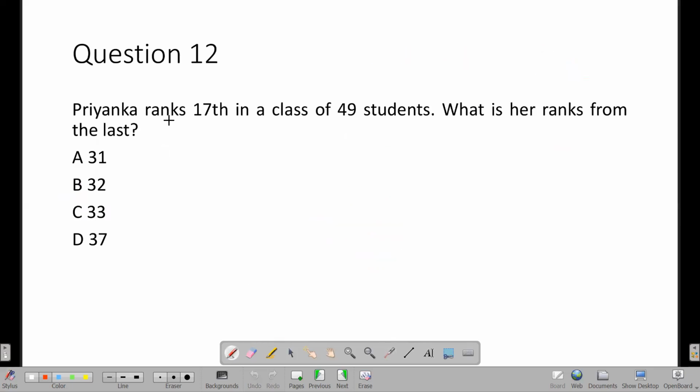You can see Priyanka ranks 17th in a class of 49 students. What is her rank from the last? You can consider 17th from the top, x from the bottom. So 17 plus x minus 1, you can consider that this is equal to 49, total number of students, right?